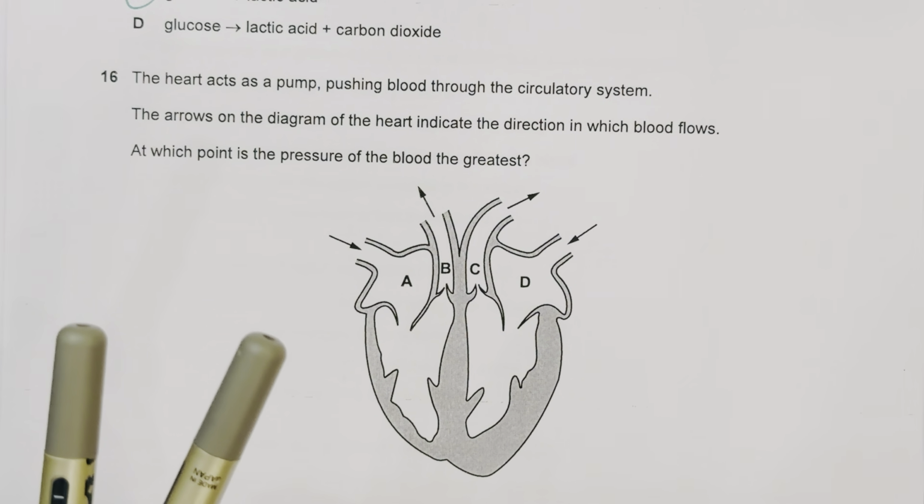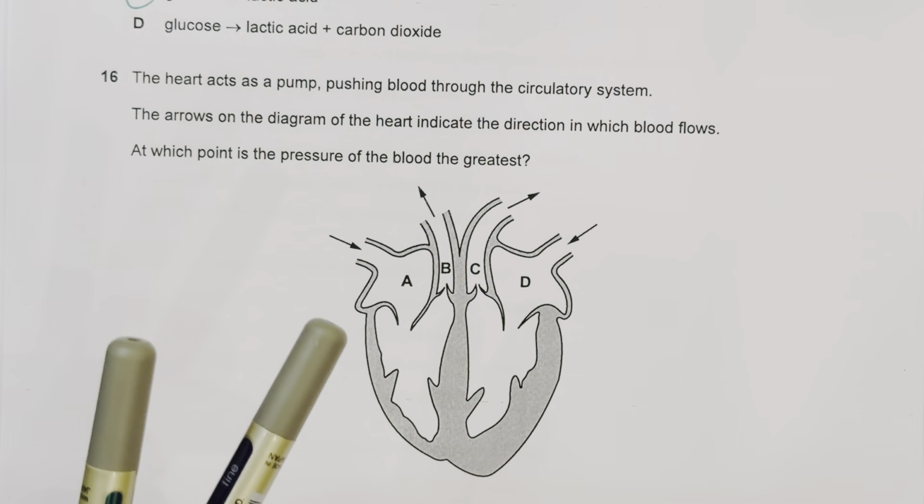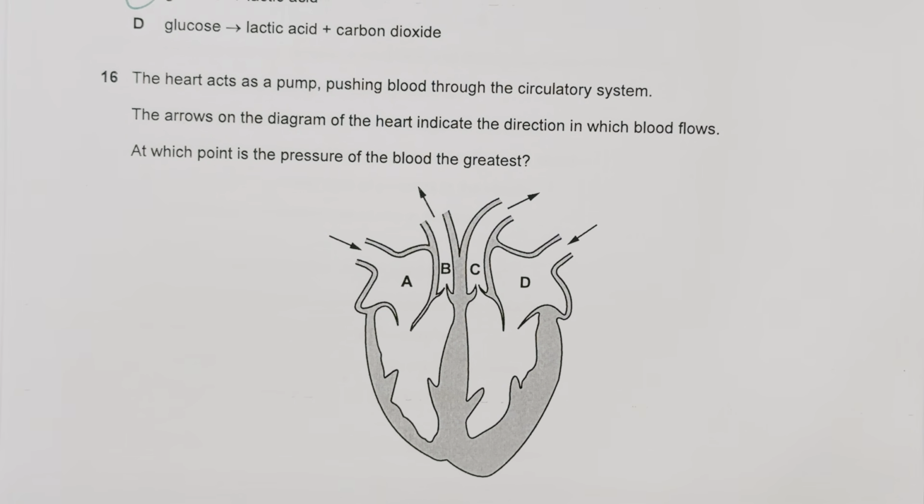The function of the veins are to carry the deoxygenated blood from all parts of the body to the heart, except pulmonary vein that carry oxygenated blood from lungs to the heart. This is pulmonary artery. And arteries are those that carry oxygenated blood from heart to the body, except pulmonary artery that carry deoxygenated blood from heart to the lungs.